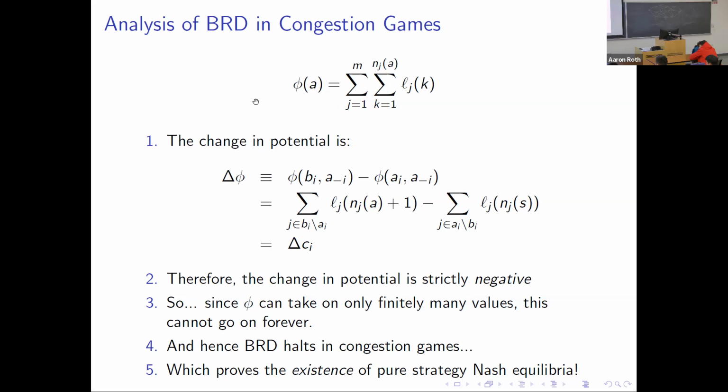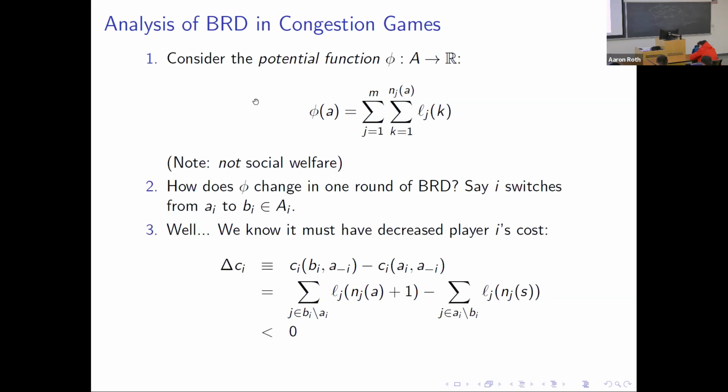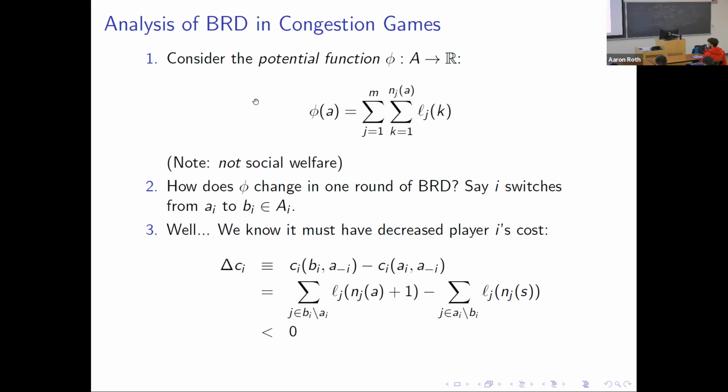So what exactly is delta C_i first? Here, we hadn't yet proven anything about the game, but we identified that when player i changes their action, their change in cost is equal to this algebraic expression, and it's negative. But this was the change in cost for a particular player. There are n players, and this thing might go up again when you take your turn.